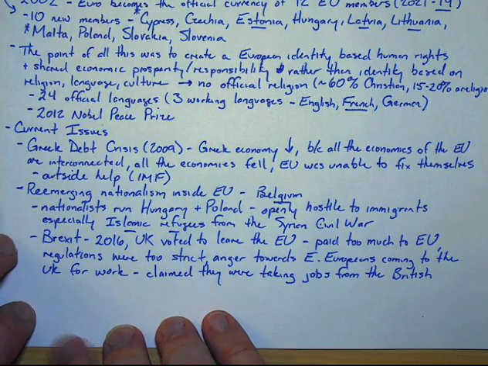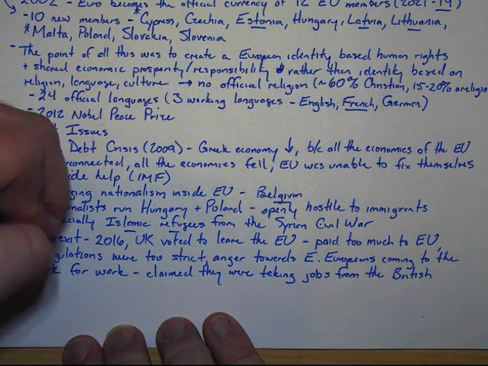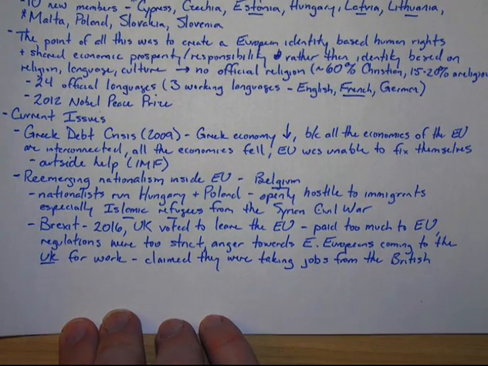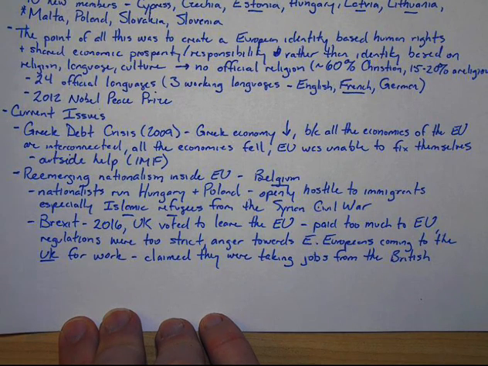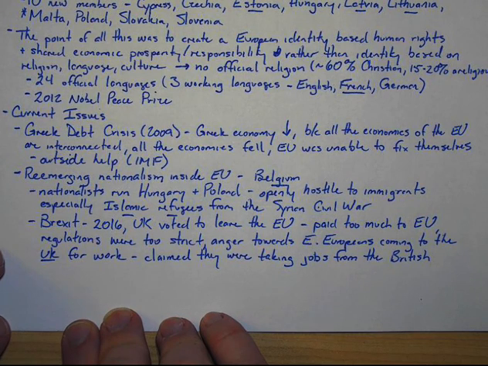And that's related to that Schengen Agreement. So if you were in the European Union, you could get anywhere in the European Union, and British nationalists were upset that Eastern Europeans were coming to the UK and getting jobs, taking them away from the British. It's an unfounded accusation, but that was the accusation.